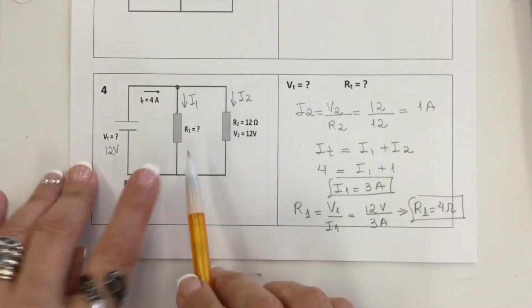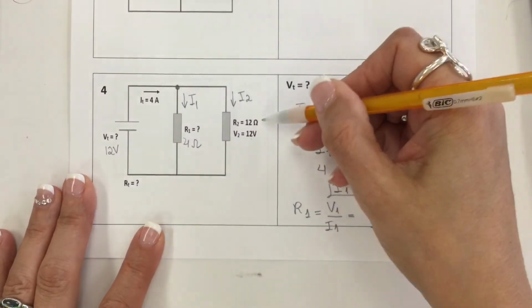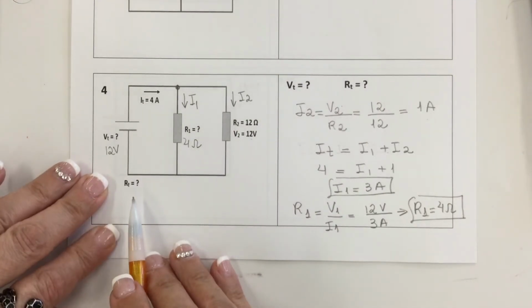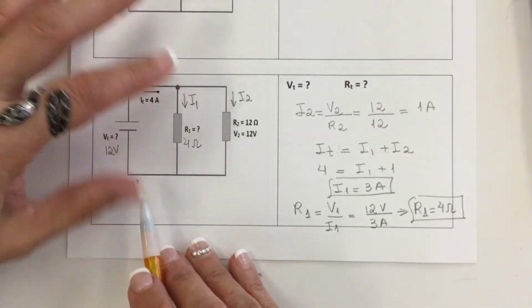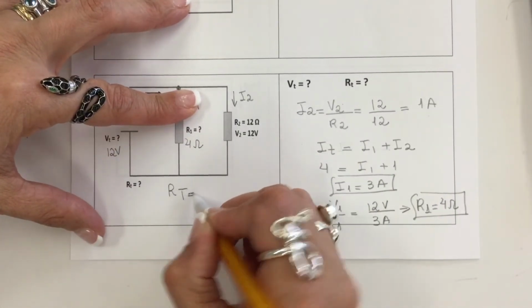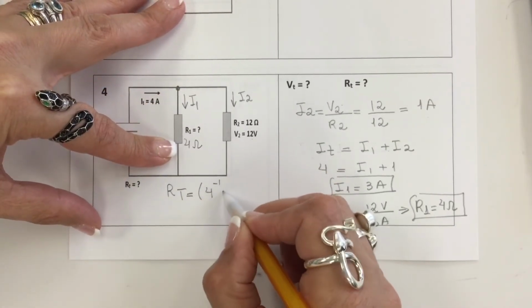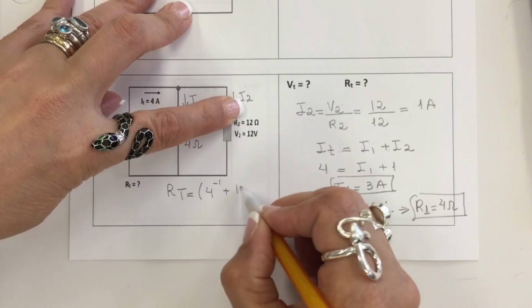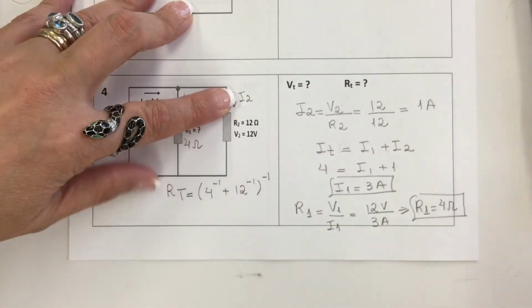Great. Now that I have my resistor here, which is 4 ohms, this is 12, and there is one question: to find the total resistance of the circuit. So you are setting up like this. This resistor 4 inverse plus the second resistor 12 inverse, and inverse one more time.